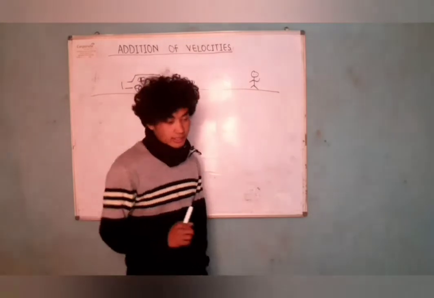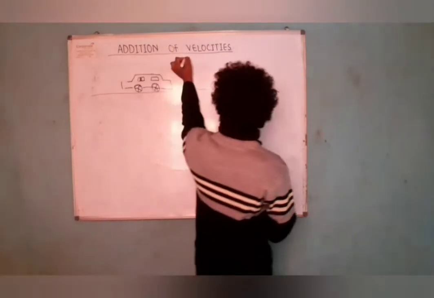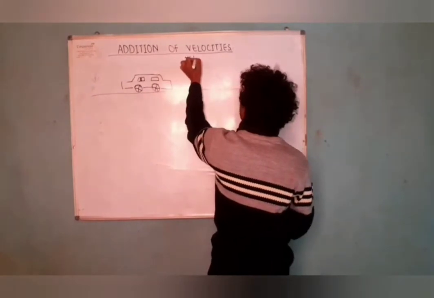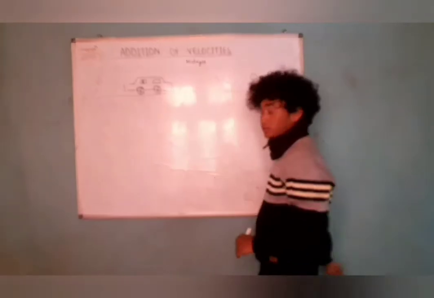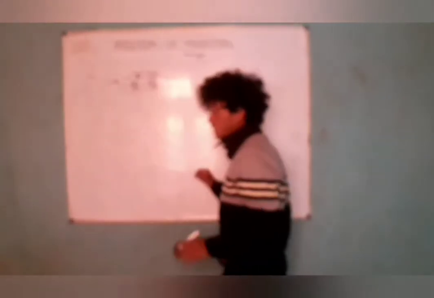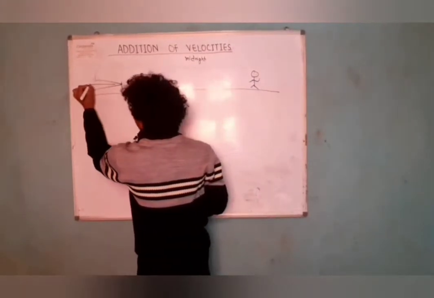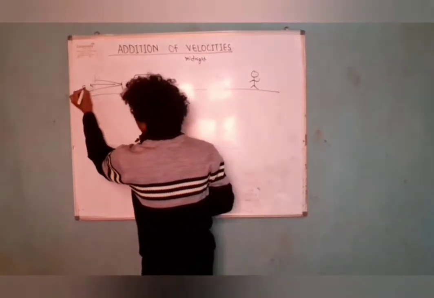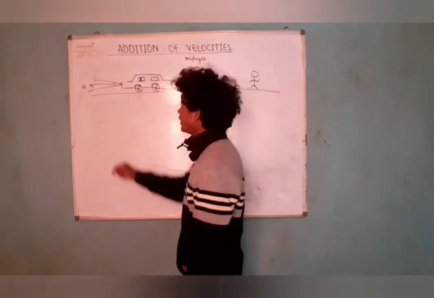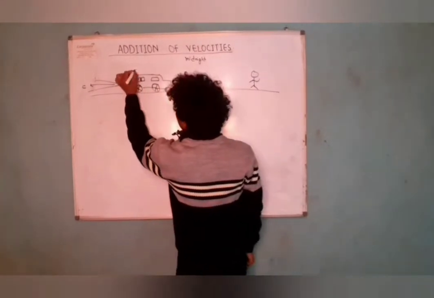Suppose, let us assume that it was a midnight, where there is no light, and we consider this as a headlight of a car, where the light is emitting from the headlight of a car. And we know that the speed of light is c, 3 into 10 to the power 8 meter per second. And the car is moving with velocity v towards this direction.